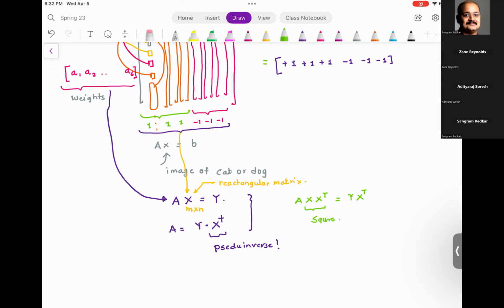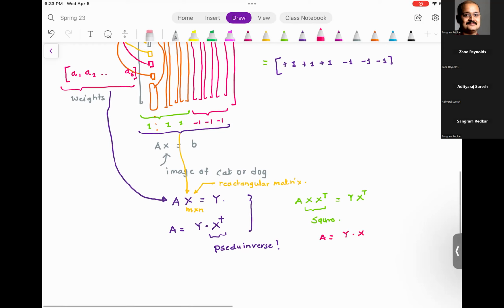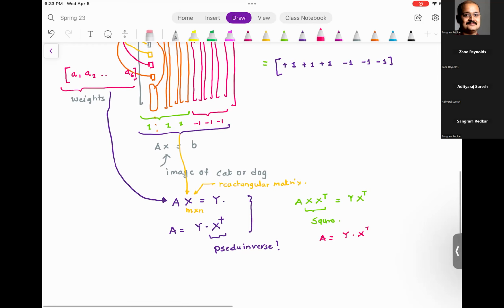And since this becomes a square matrix, you can actually invert it. So to find the value of A, you have Y X transpose, and you find the inverse of X X transpose, and that will give you the answer of A.